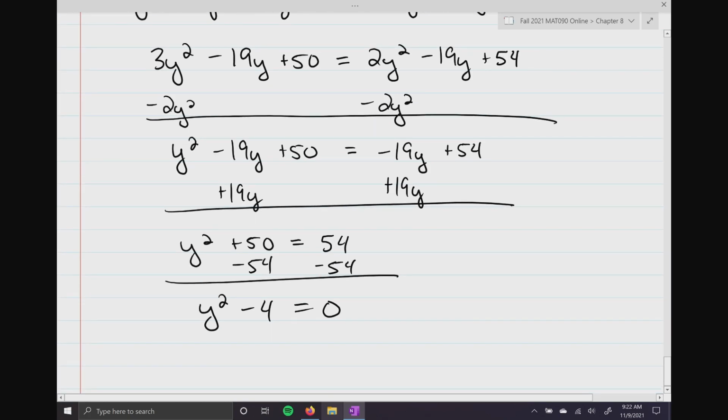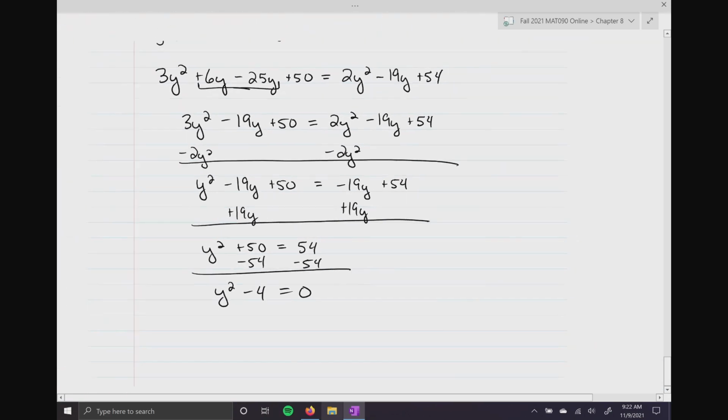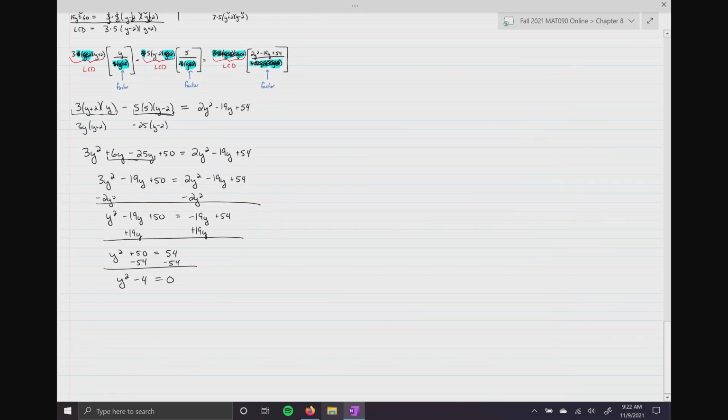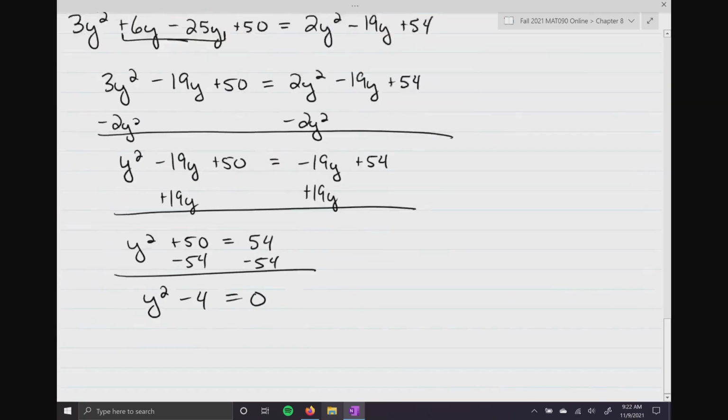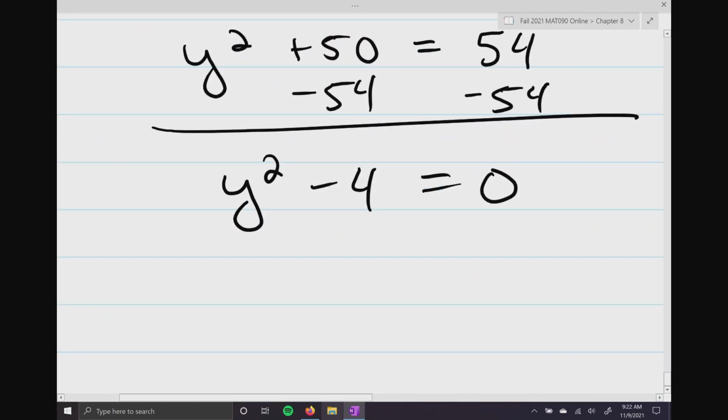And notice that all this work, let me zoom out here real quick because I'm kind of chuckling here. I'm laughing. All this work right here funneled us all the way down to difference of squares, which is the easiest one to factor. Y plus 2 times y minus 2 equals 0.